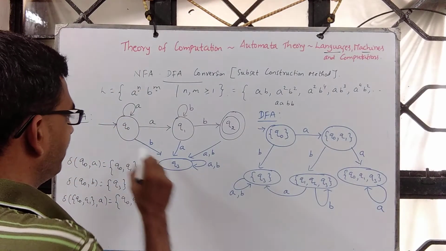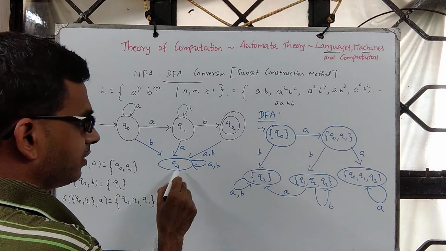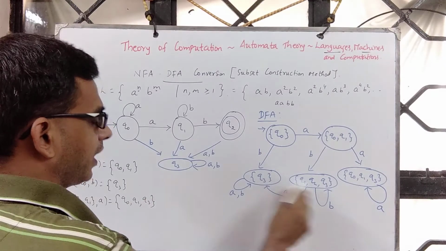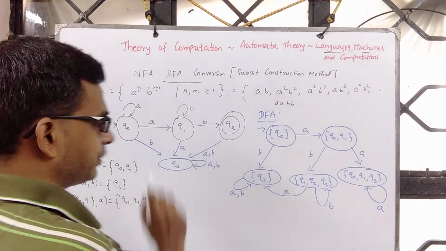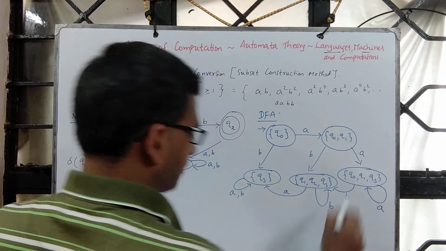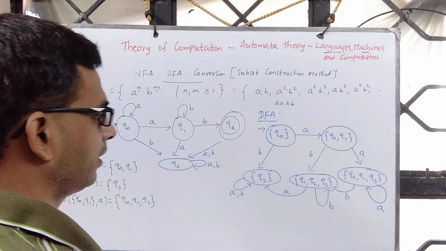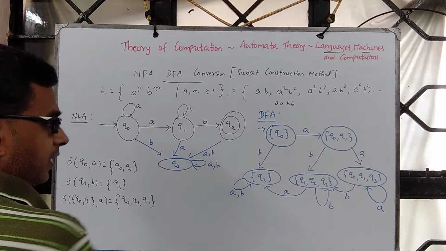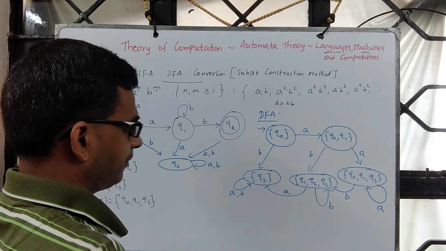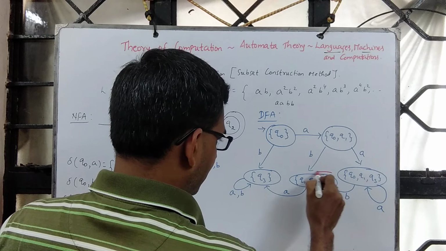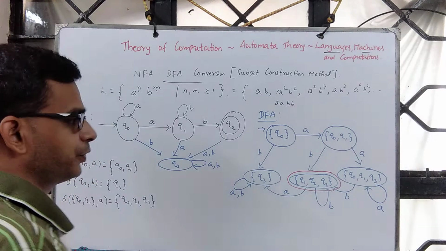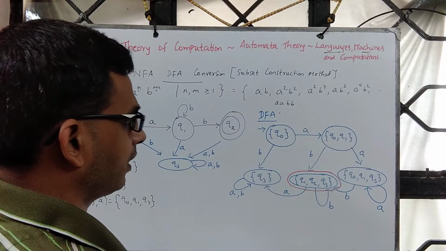Now what about B? Q0, B is Q3, Q1, B is Q1, Q2, and Q3, B is Q3. Therefore, when we read a B, we come to this state. Fine. And since Q2 is the final state in the given NFA, this would be our final state because it contains Q2 in it. Okay.